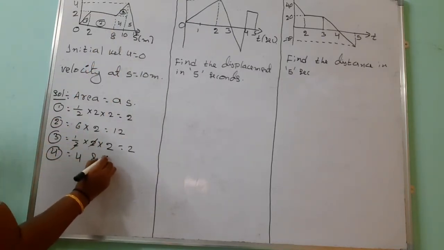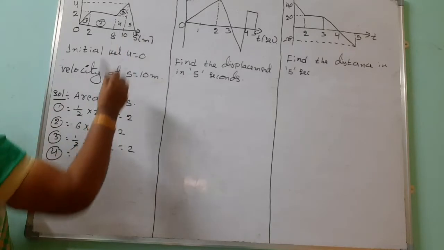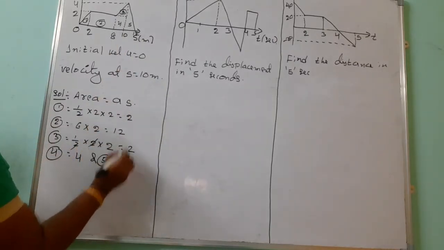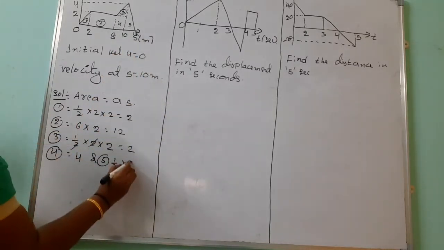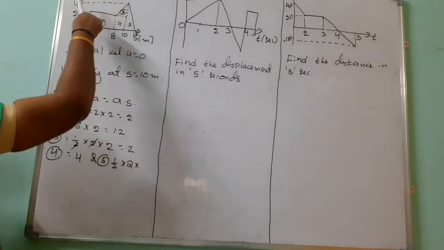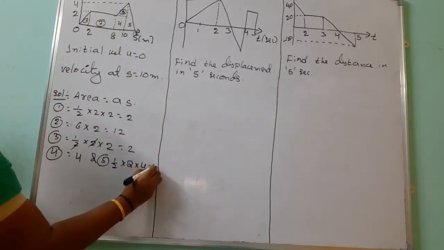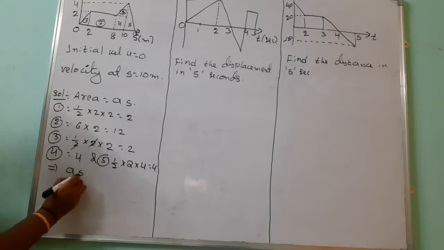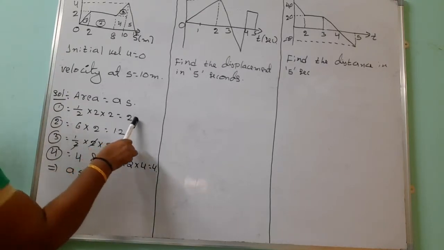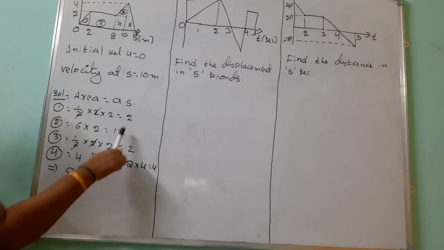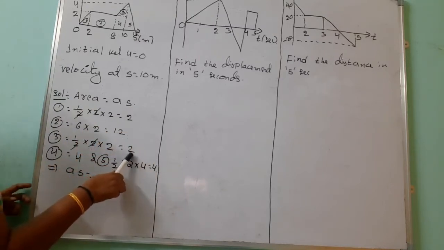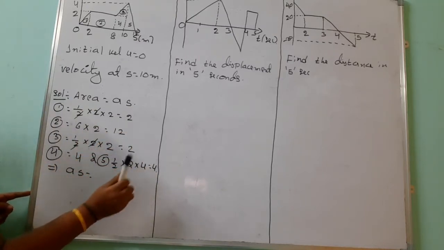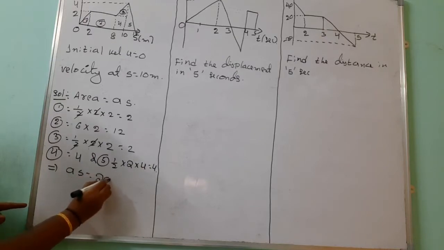And fifth part is half into base, 12 minus 10, 2, then height is 4. This is 4. So total area belongs to A into S. So this is 14 plus 2, 16 plus 4, 20. This is the 20.